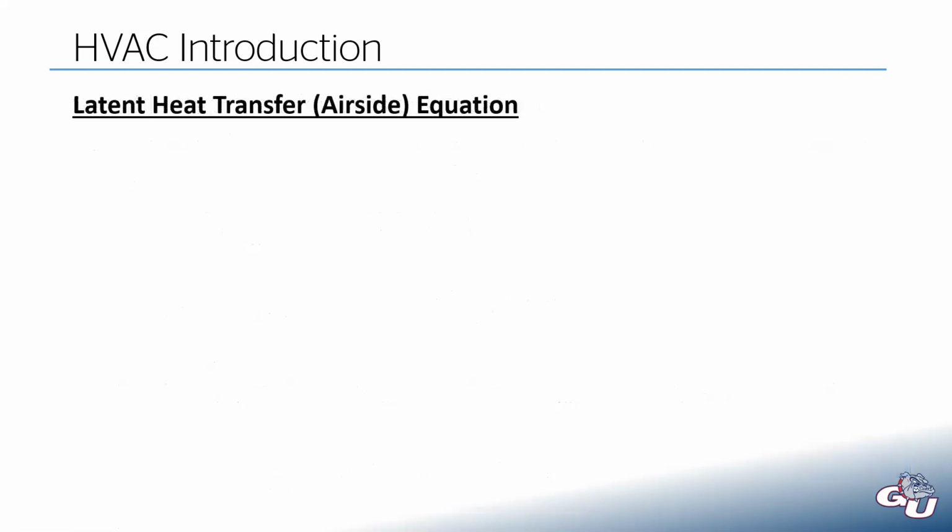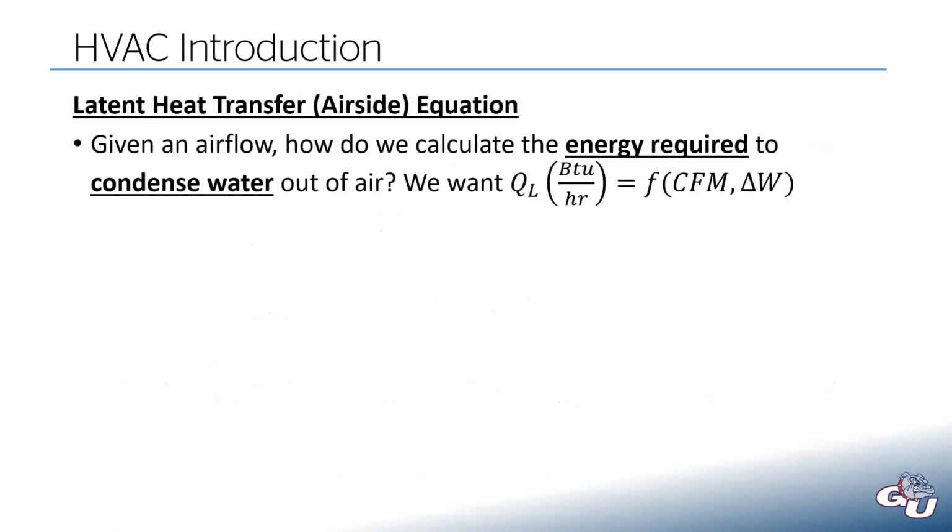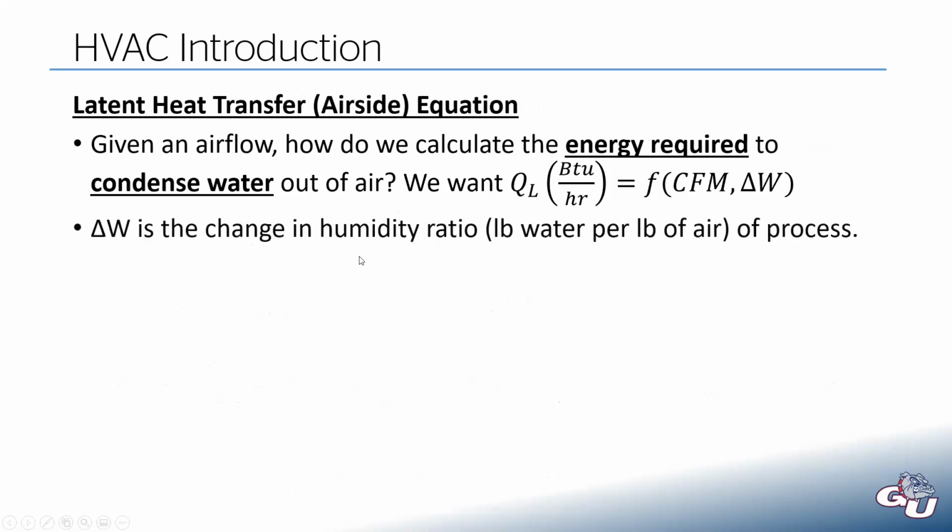On the latent side, so if we know an airflow, how do we calculate the energy required to condense water out of that air? So we want Q latent in BTU per hour as a function of CFM and delta W, which is the change in the humidity ratio, pound of water per pound of air, of that process.